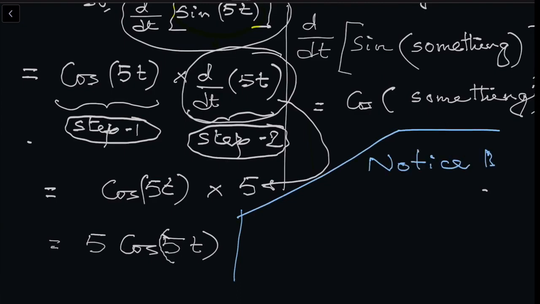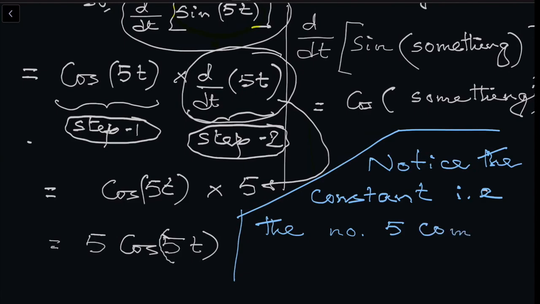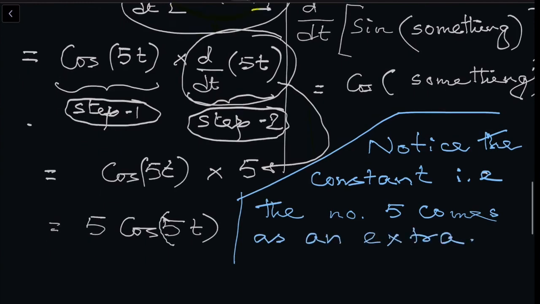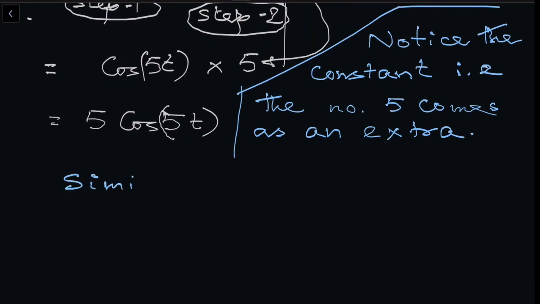Here you can notice one thing: that constant term, the number 5, comes as an extra thing, because sine 5t should have been cos 5t, but it became 5 cos 5t.